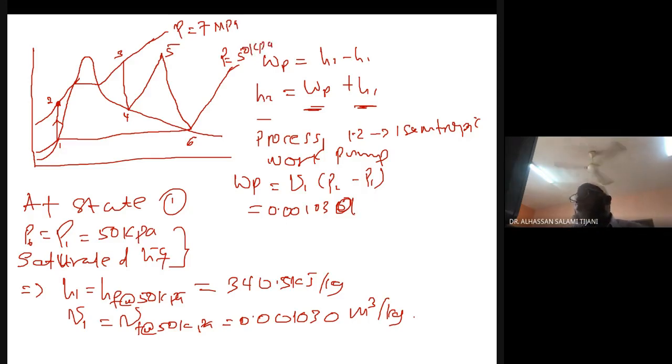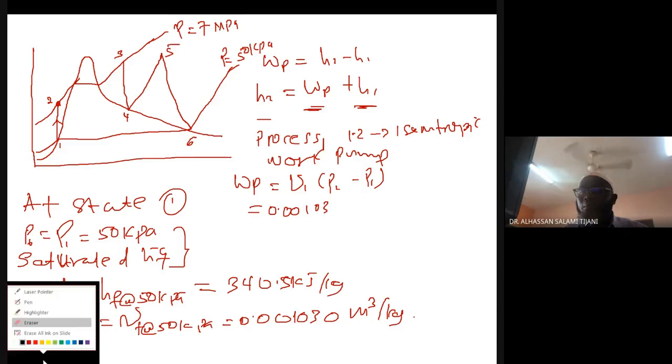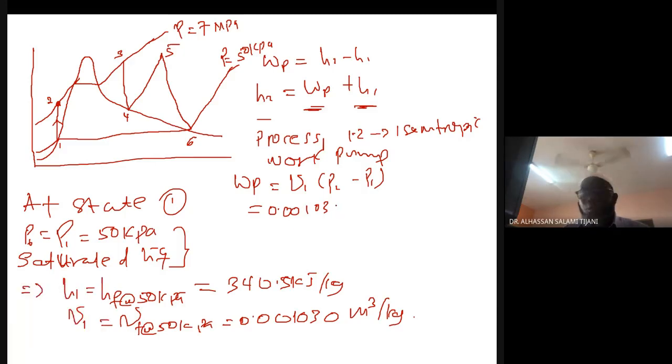So this gives me the specific volume times 7,000 minus 50, which gives me 7.1585 kilojoules per kilogram.